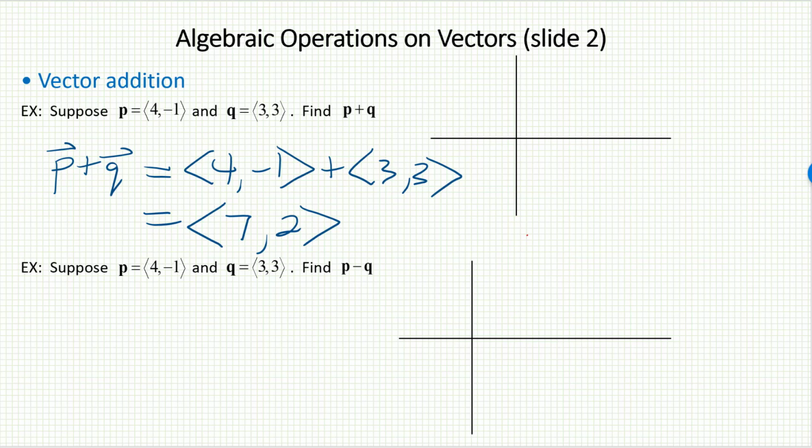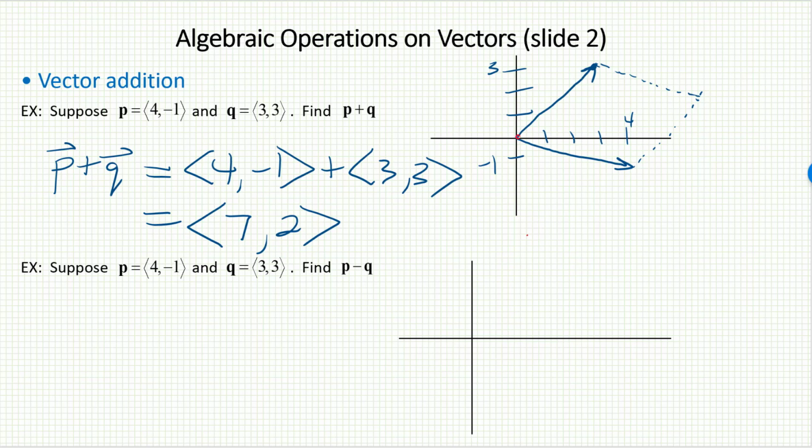Again, you can convince yourself of this reasonably by drawing some pictures. 4, negative 1 would be this vector. The vector 3, 3 would be this vector. And then to add them, I'll use the parallelogram rule. Fill in the missing pieces there of the parallelogram.